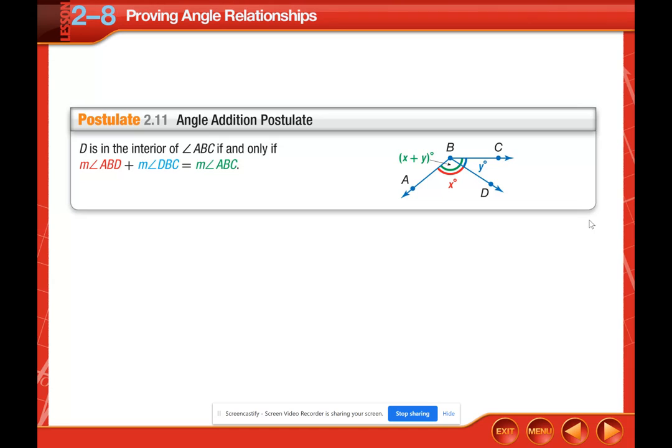It says D is in the interior of angle ABC if and only if the measure of angle ABD plus the measure of DBC equals the measure of the whole thing, ABC, the two of them put together.